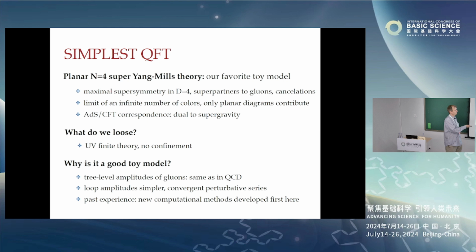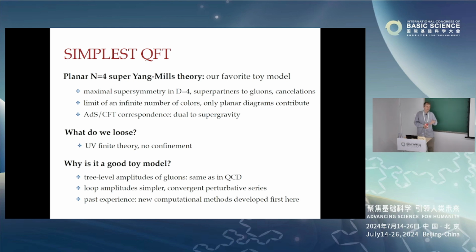Because the perturbative series in planar N=4 super Yang-Mills is actually convergent. It's not asymptotic like in most other theories, but it's convergent. So if we can handle the amplitudes to all loop orders, we can actually resum them and learn something about non-perturbative physics.